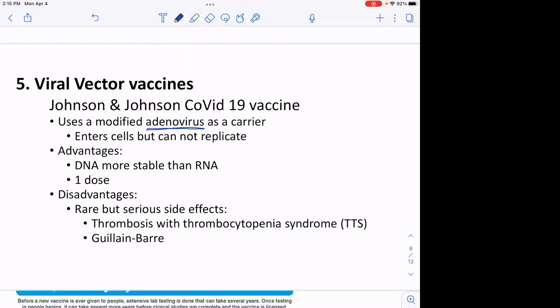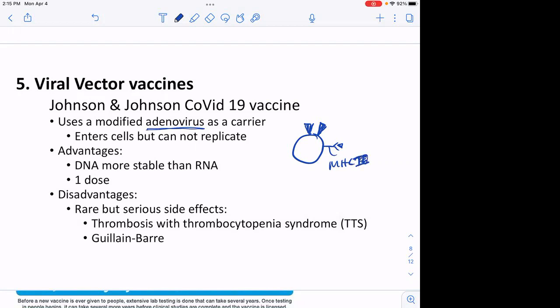And then basically, in the RNA, it teaches our cell to make that spike protein. So some of our cells will actually manufacture the spike proteins on the surface. And in addition, hopefully present some spike protein by the MHC class 1.